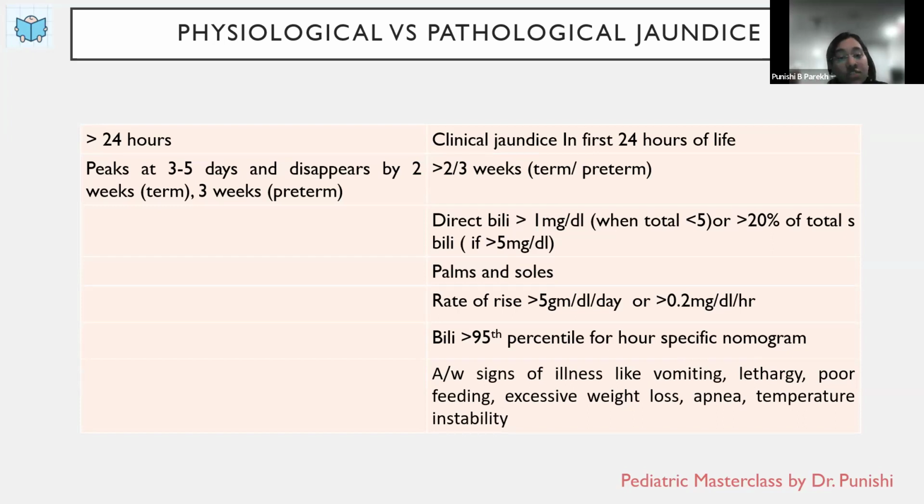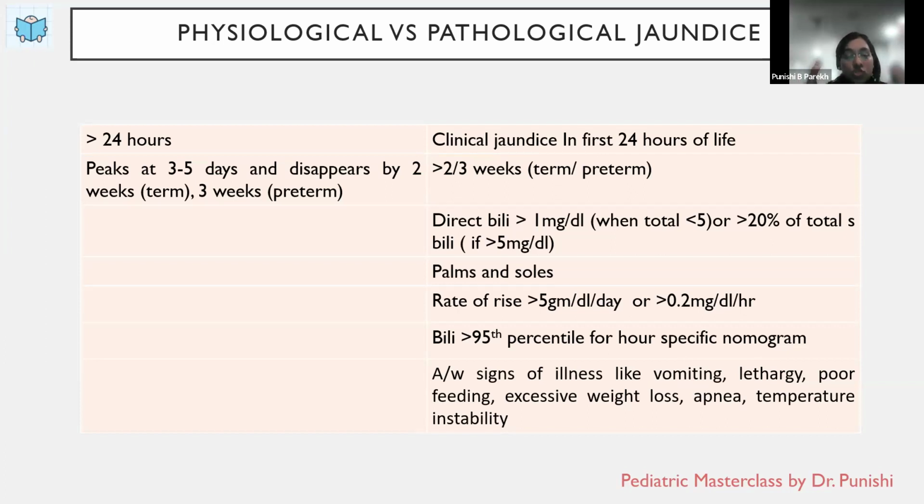If the rate of rise of bilirubin is high, if the jaundice is affecting the palms and soles on the Kramer staging, if the bilirubin is more than 95th percentile on the age-specific nomogram, we look at all of this in part 2, but this is just to complete the discussion on what is the difference between physiological and pathological jaundice. And last point, if there are associated findings of vomiting, lethargy, tone abnormality, temperature instability, feeding difficulty, etc., all of this again points towards pathological jaundice.